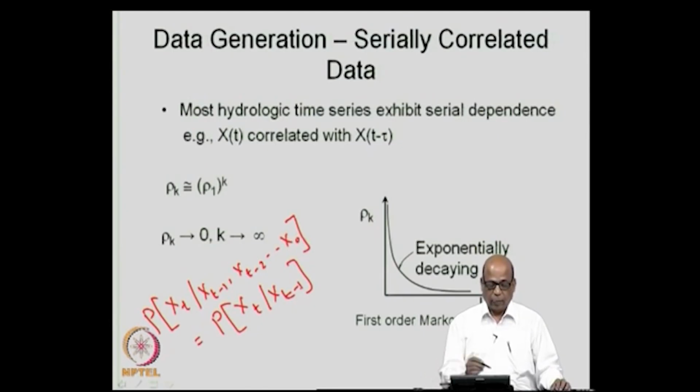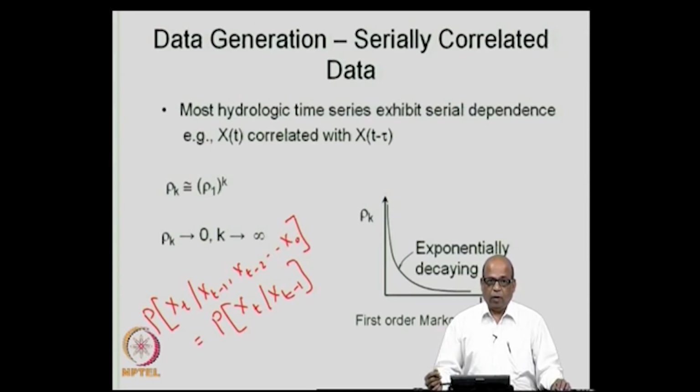What does this mean? The entire information of the history of the process, given by x t minus 1, x t minus 2, up to x naught, is all contained in the previous value x t minus 1 itself. So the conditional probability of x t given x t minus 1, x t minus 2, etc. up to x naught can be approximated by the probability of x t given x t minus 1. Then this is called the first order Markov chain.